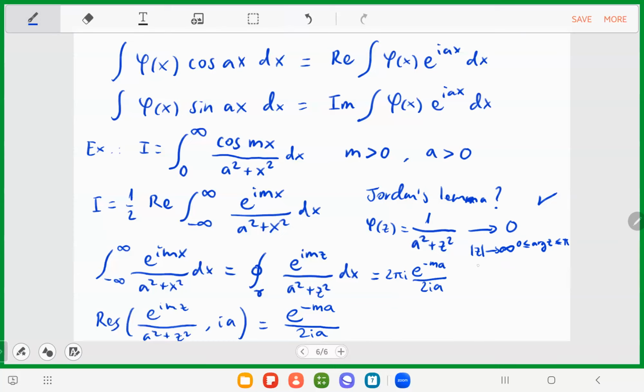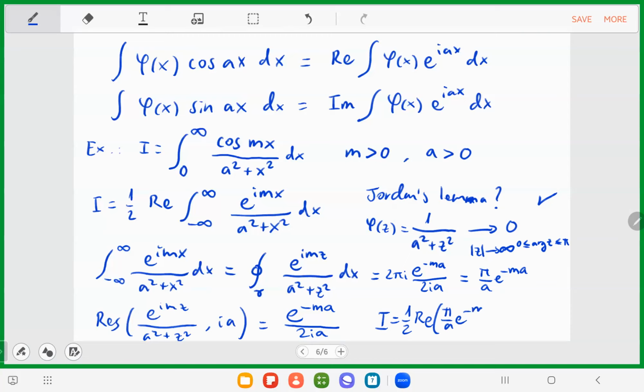The 2 and the i disappear. So, okay, so this integral is pi divided by a exponential of minus ma. And the integral that we want is 1/2 the real part of that.